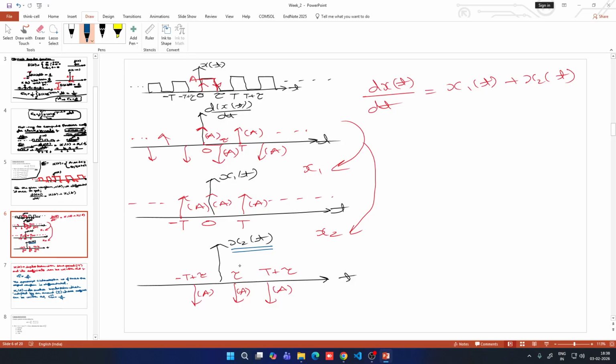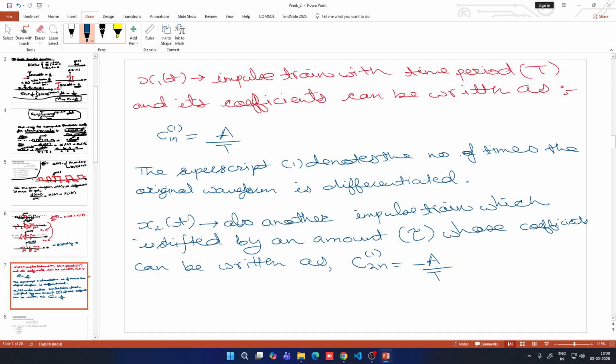Instead of starting at 0, it is starting from tau. So by using this time shift property, this coefficient will be written as e to the power minus j n omega naught tau. Tau is the amount by how much it has been shifted.